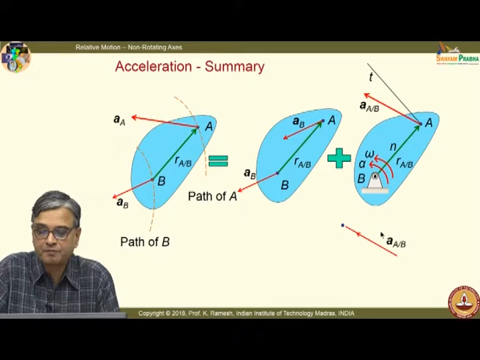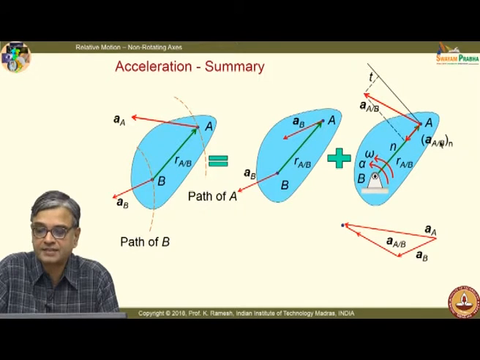I have put this relative acceleration. I can look at this as AB plus AAB, I get this. But for me to get AAB, I will have two components, one along the radial direction or towards the center of rotation.